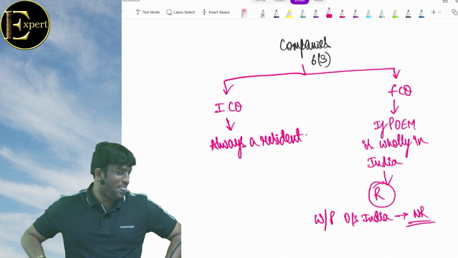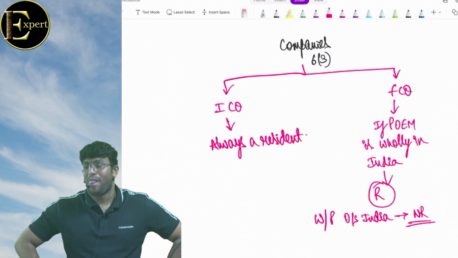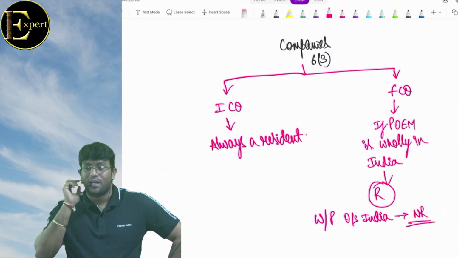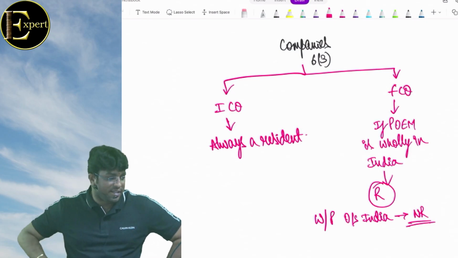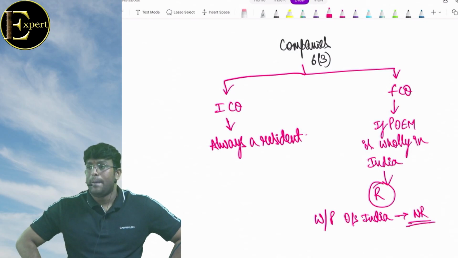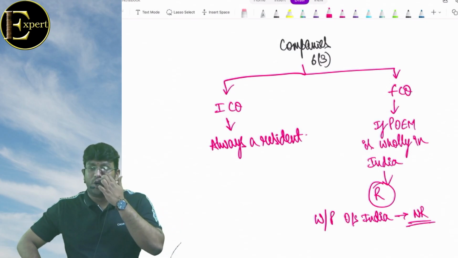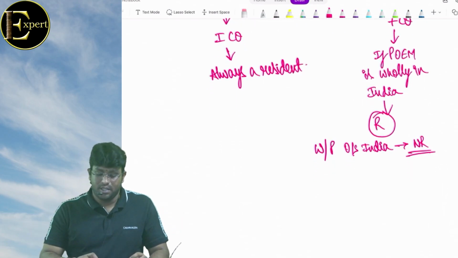Very good. Control set done. Are we clear, everyone? So what is 6(1)? Basic and additional condition for individual. 6(2): basic and additional for HUF. 6(3): companies.